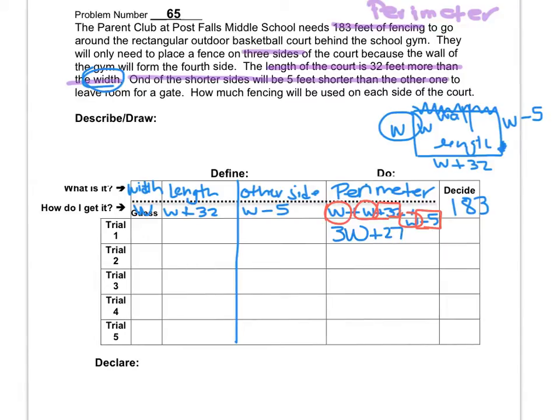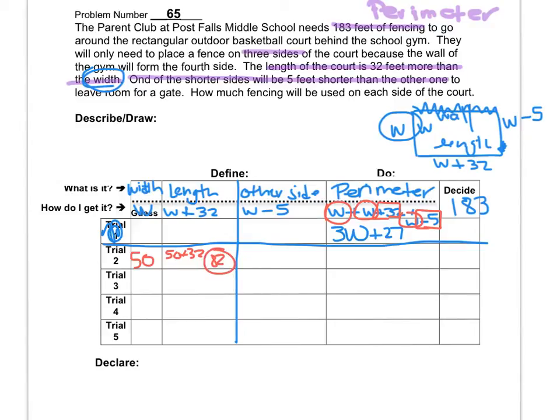Okay, so there's my table. Now I just need to get started. I'm going to guess. Let's start with 50 because that's a nice pretty number. If 50 was my width, my length is going to be 50 plus 32, which is 82.